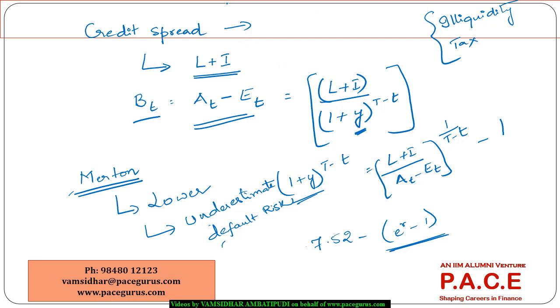But what we should understand and appreciate is that this kind of model gives me a broad picture of the probability of default of the associated bond or company, using the structural model over a T period horizon.